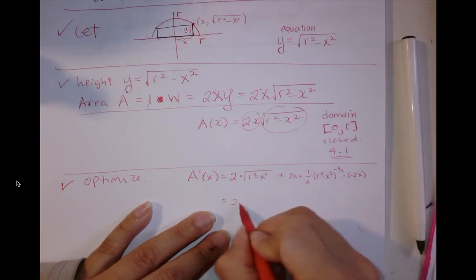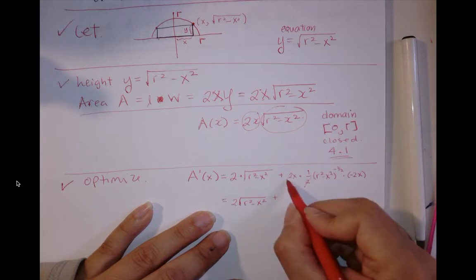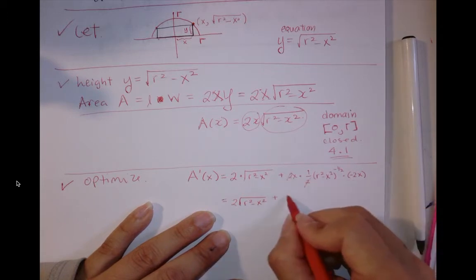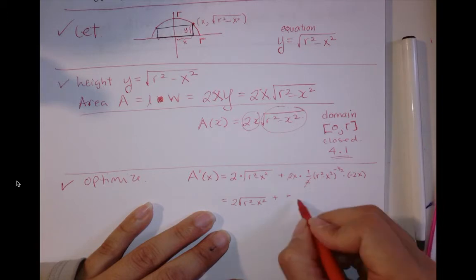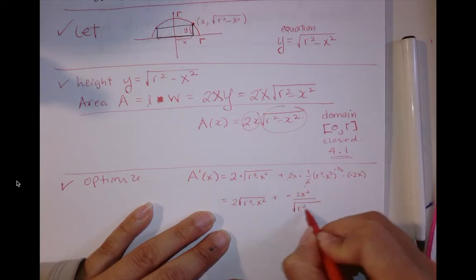Now these cancel, and I get negative 2x squared over √(r² − x²).